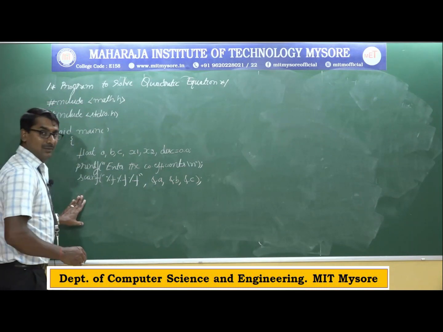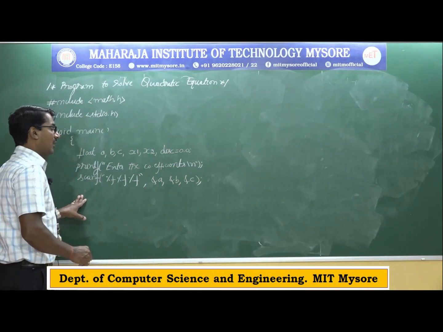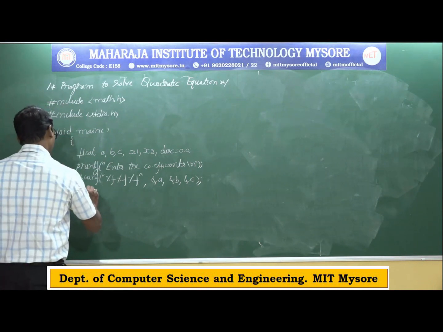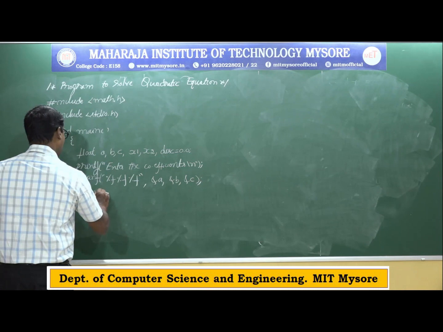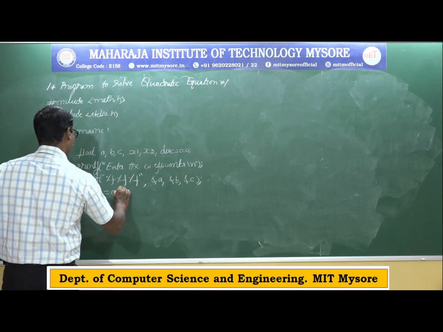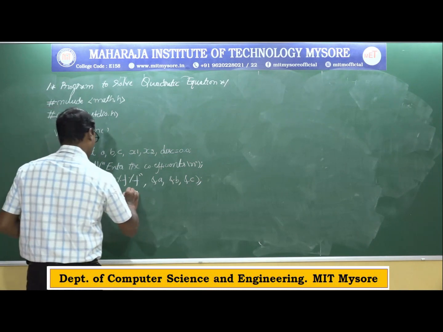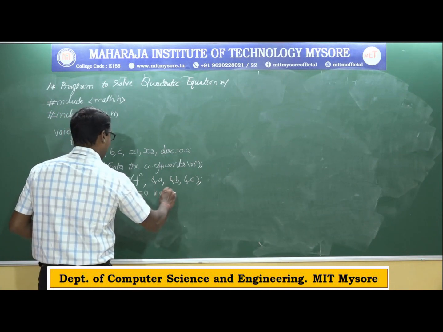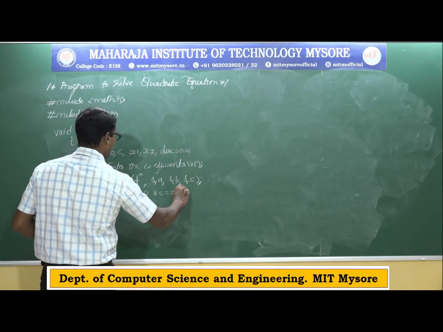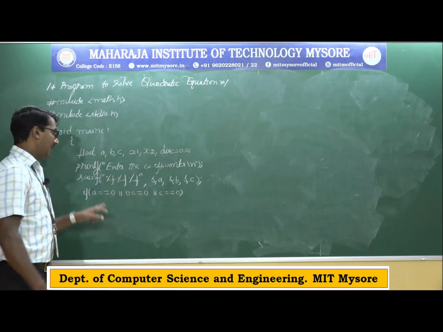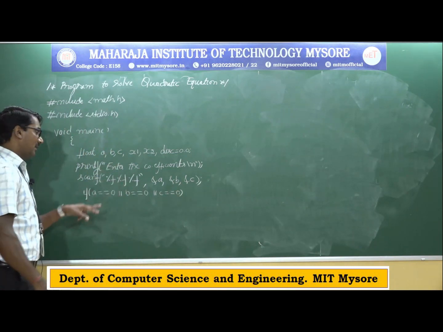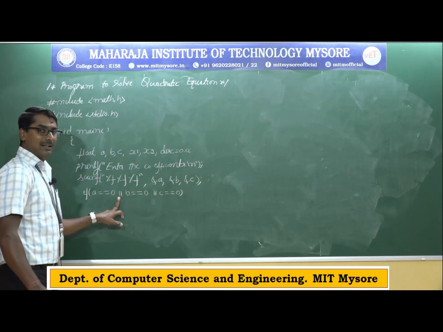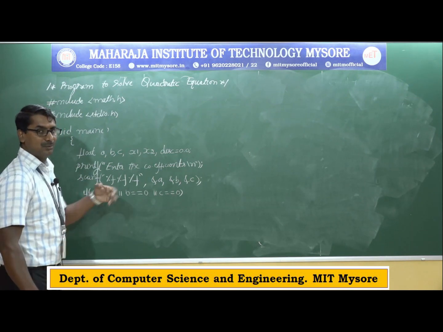After reading these values, we need to check if any one of the values is 0. So, if A is equal to 0 or B is equal to 0 or C is equal to 0, because here I am using logical OR. In logical OR, if any one of the conditions is true, the output is true.